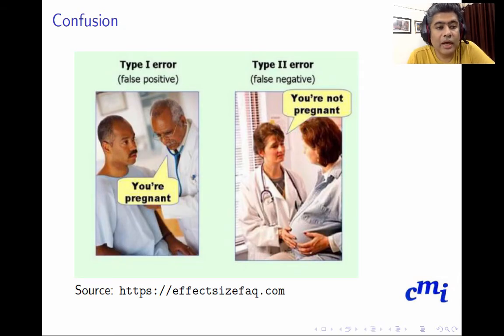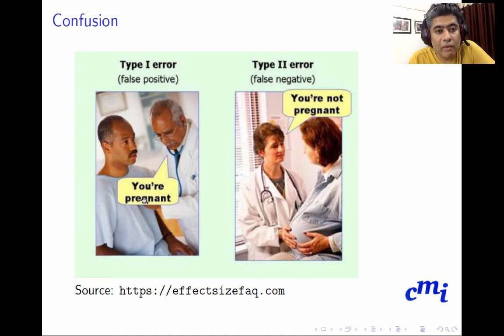This is an interesting picture which tells us what a false positive or type 1 error is, and what a false negative or type 2 error is. I have taken this picture from this source. If you look at this picture, you are running a pregnancy test on a man, and the test says that you are pregnant.